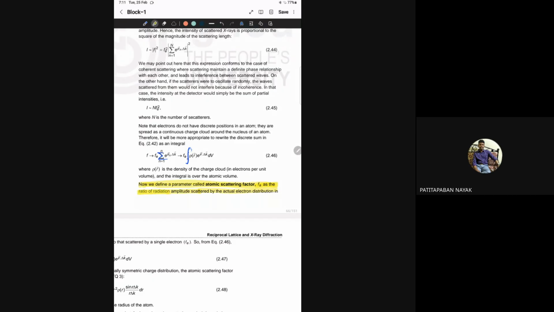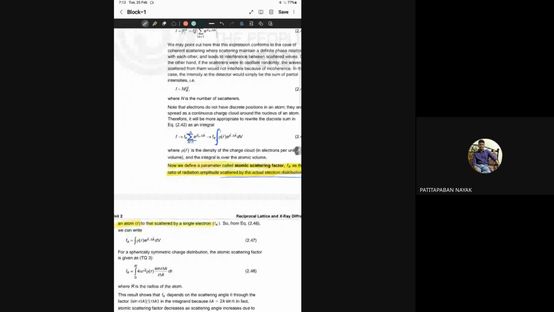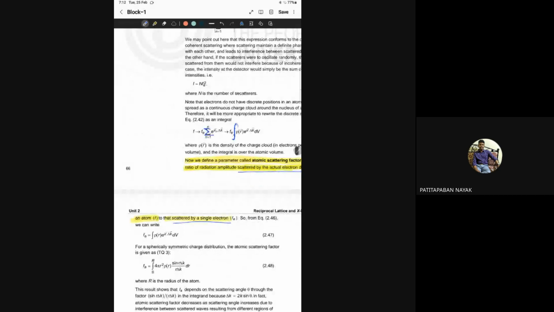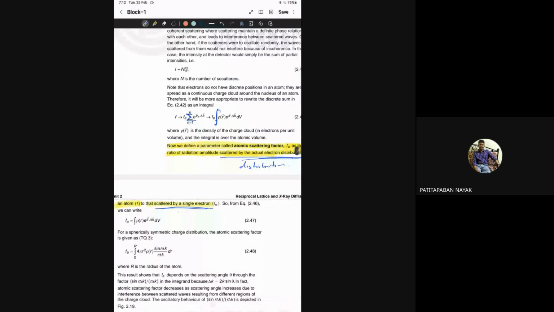Fa is the ratio of radiation amplitude scattered by the actual electron distribution in an atom to that scattered by a single electron. So here it is a distribution of electrons, versus here it is a single electron.